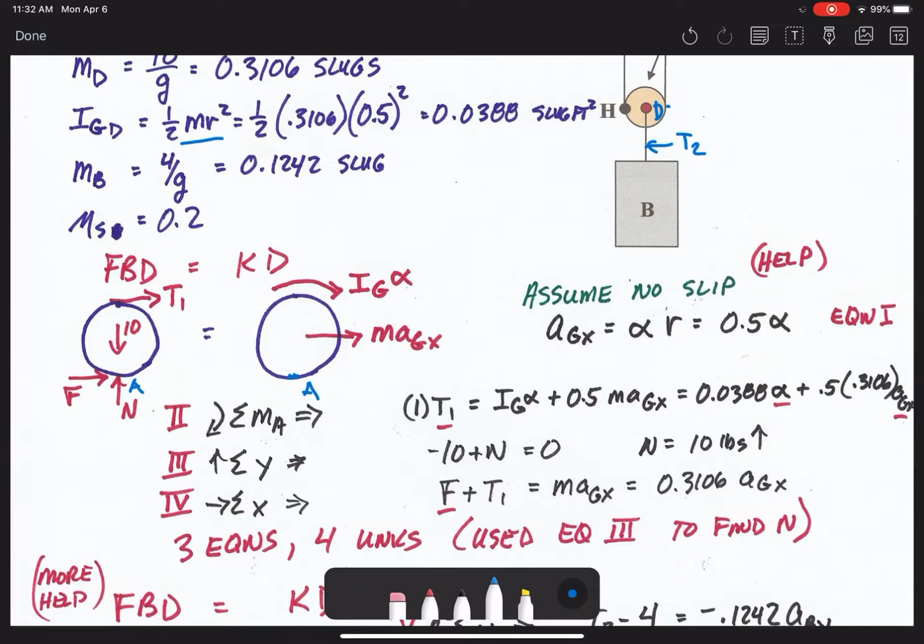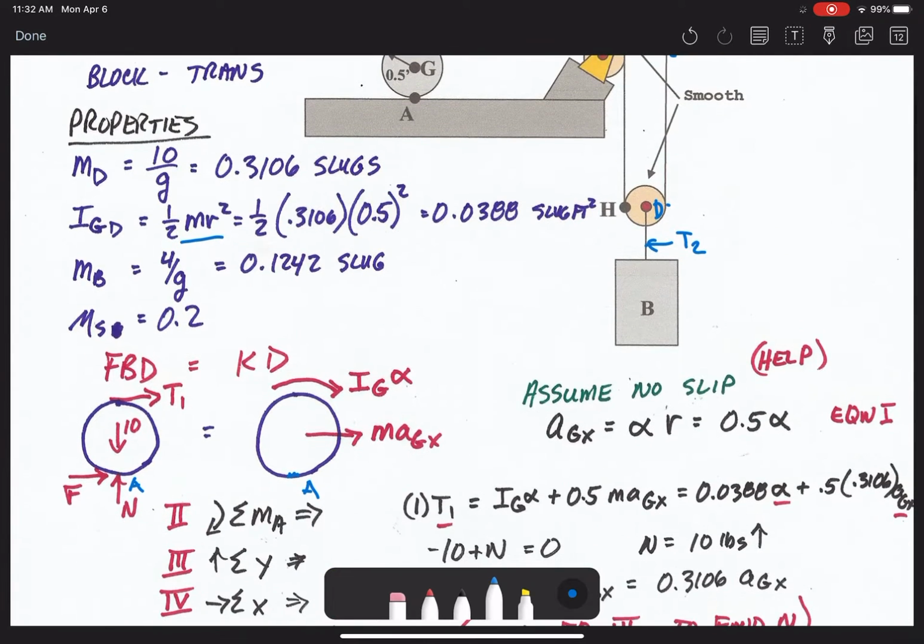In the kinetic diagram for the disc, we have m a Gx, because the center of mass is at G, and that G moves horizontally, so no m a Gy, only m a Gx, and then the rotation I G alpha.